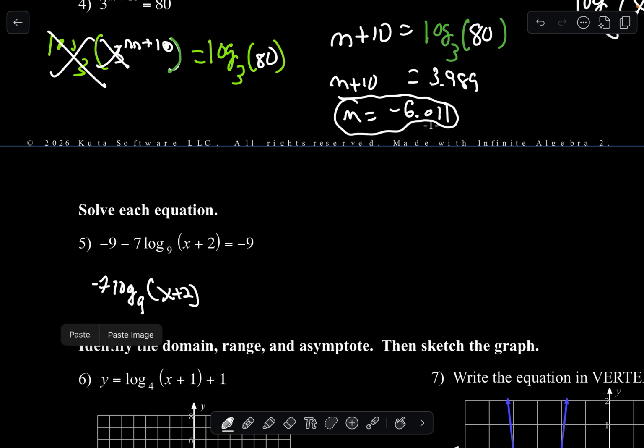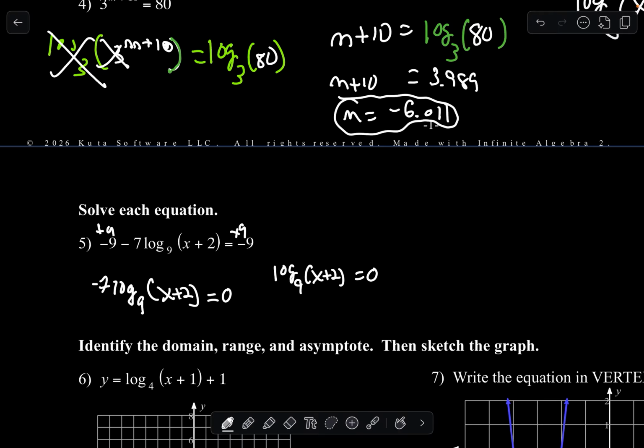If we're adding 9 to both sides, I'll write it on top, plus 9, notice that equals 0. Divide by negative 7 because we need to get the logarithm by itself. We get log base 9 of x plus 2 equals 0.